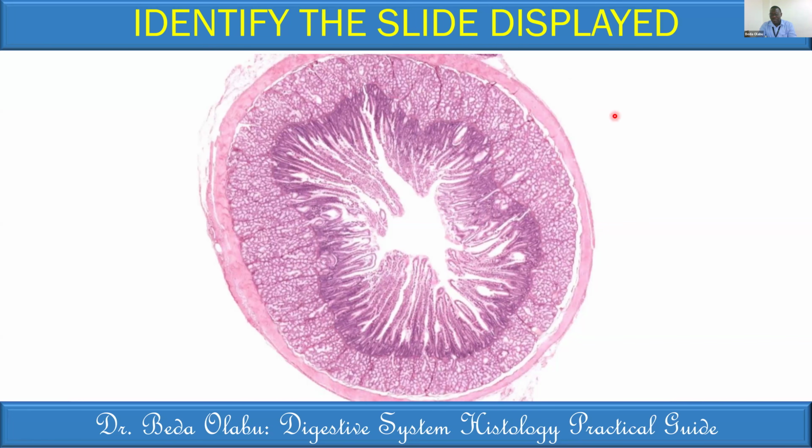Yes, Michelle? So these projections into the lumen that I'm assuming are villi. So because of that, you can see that this is possibly the small intestine.